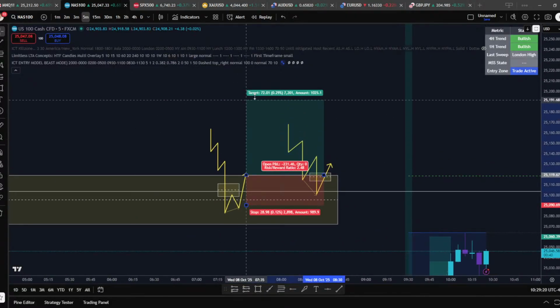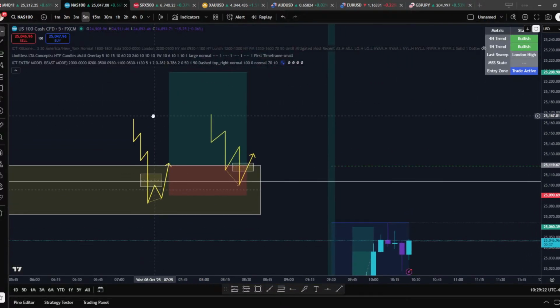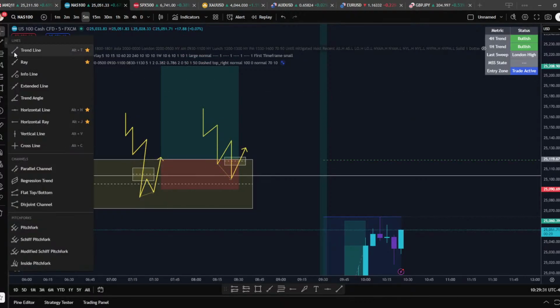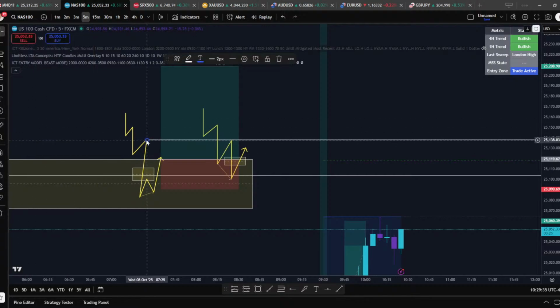And you target first form of liquidity. So let's say this is the trade, right? You would move your stop to break even as soon as this gets hit there.